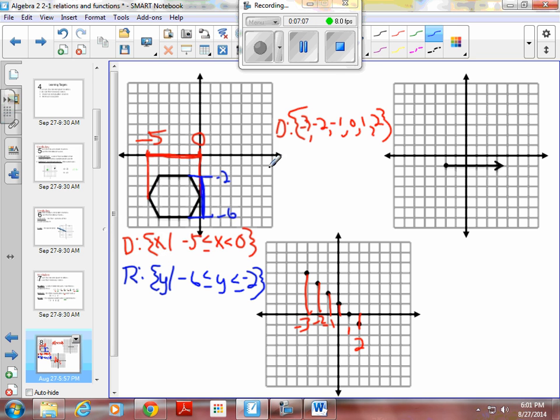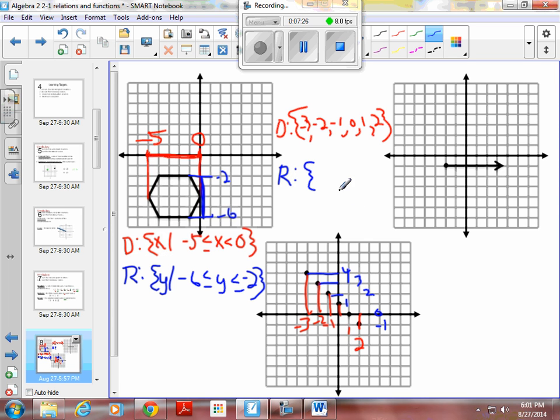Okay, and then on this one, our range, do the same thing. Range, so if I follow this across, that's a 1, 2, 3, 4, that's a 4, 3, 2, 1, 0, negative 1.